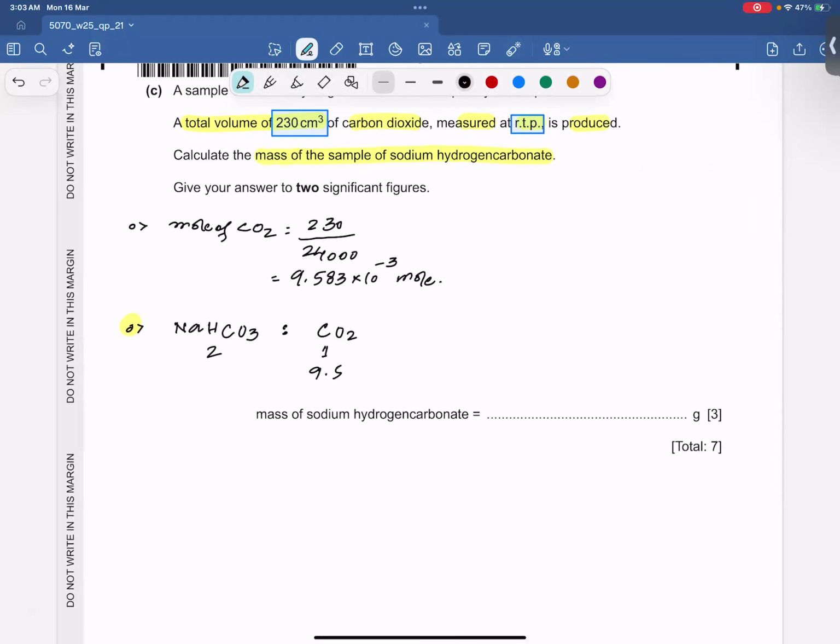When we have 9.583 × 10^-3 moles, the moles of sodium hydrogen carbonate would be 0.01916 moles. To get the mass, I need to find out the Mr of sodium hydrogen carbonate.